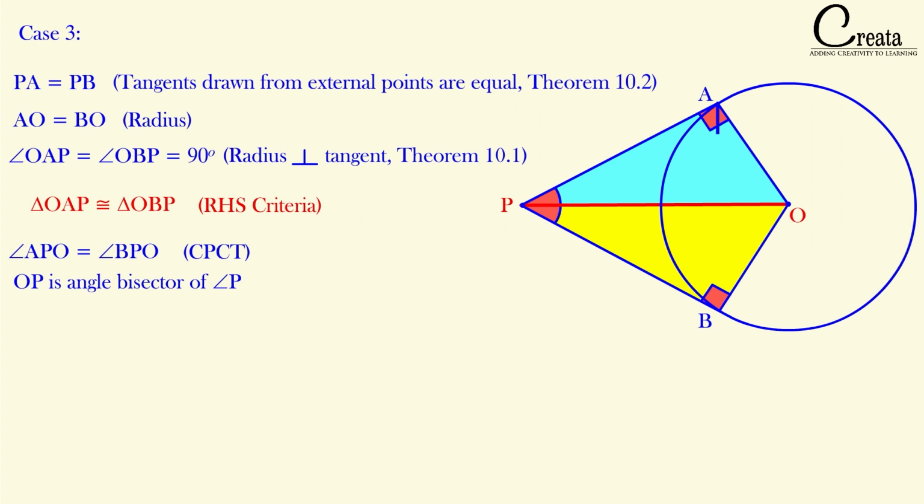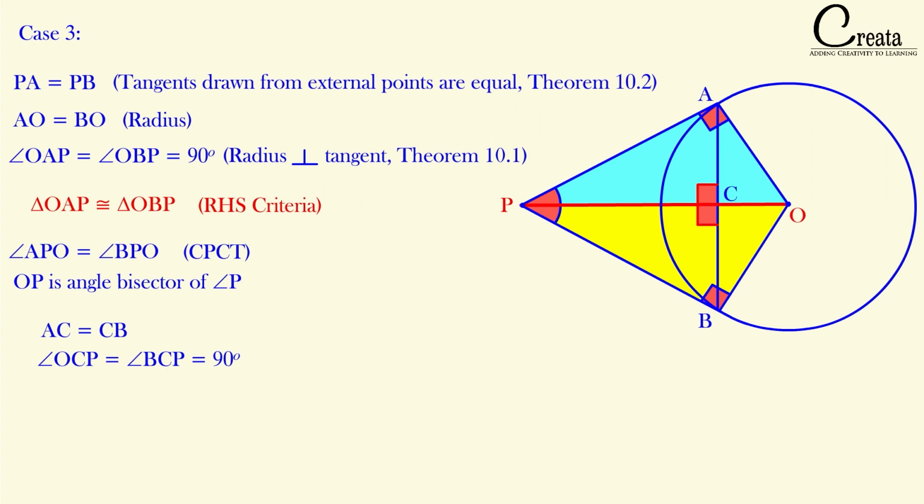Further, if we join the points A and B, you will form a chord. What is a chord? A chord is just a simple line segment which is formed by joining two points on the circle. So AB is a chord. The interesting concept is that the line segment OP, which is the angle bisector of the angle P, is also the perpendicular bisector of this chord. Here both of these line segments will be equal to each other and both of these angles are 90 degree.